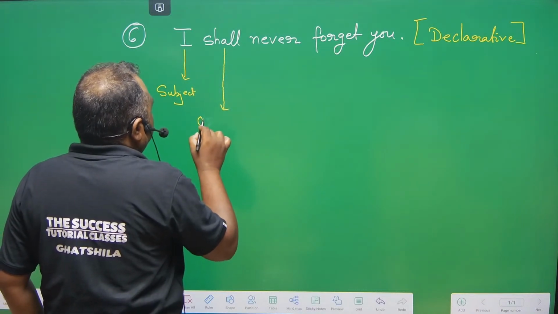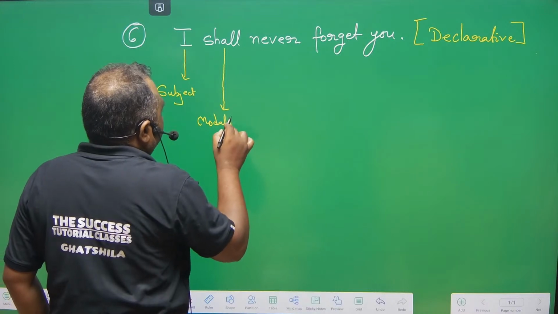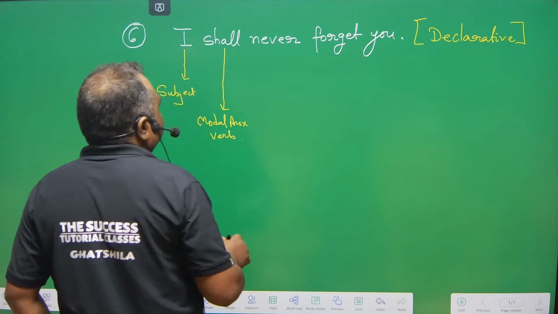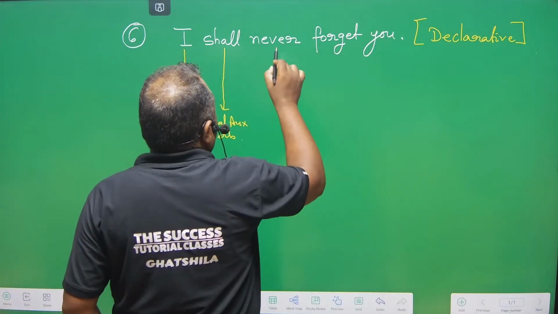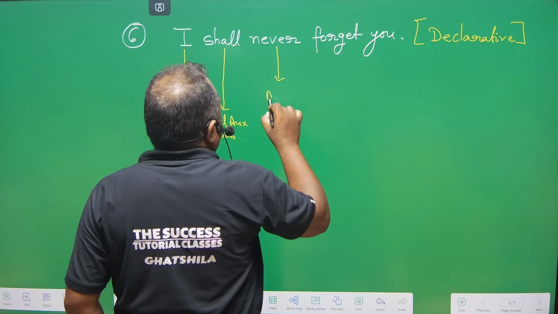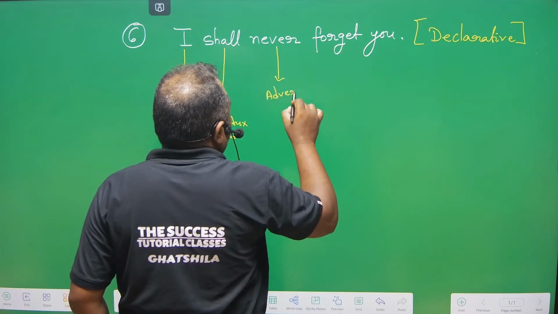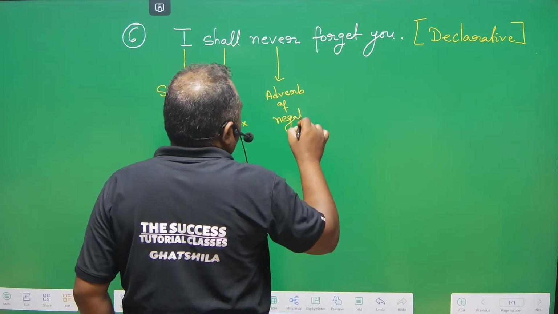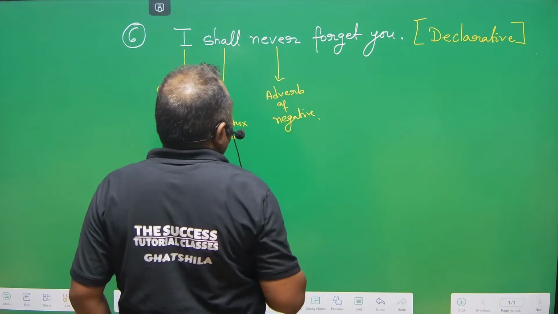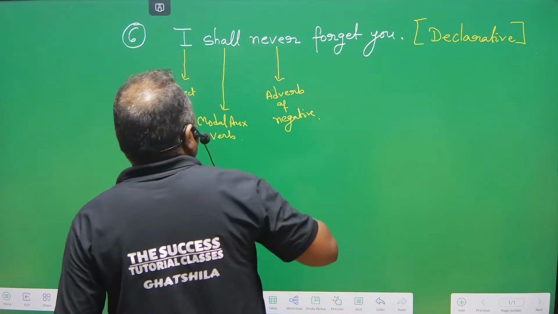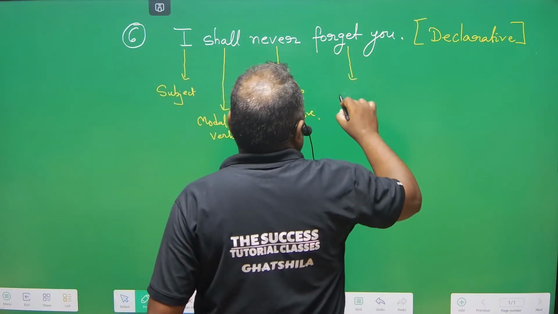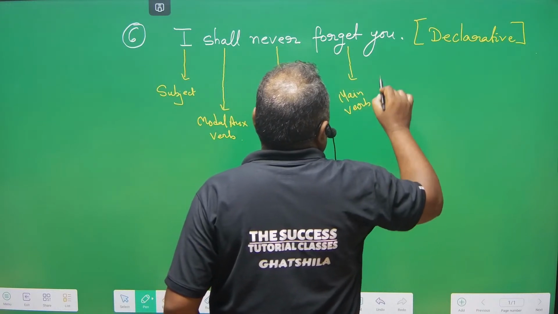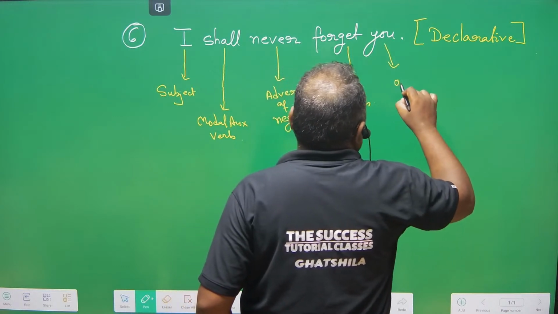Shall is a modal auxiliary verb. Never, adverb of negation. So never is a negative word. I shall never forget. Forget, main verb. And this you is object.